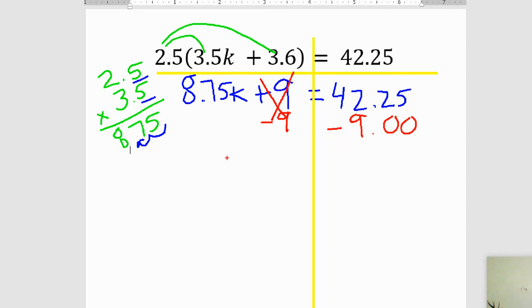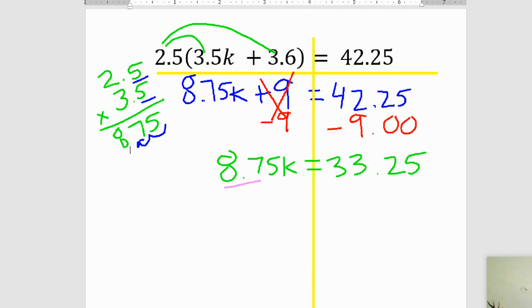So I'm going to have, let me switch colors for you. 8.75k equals 42.25 minus 9, which is 33.25. Nice.